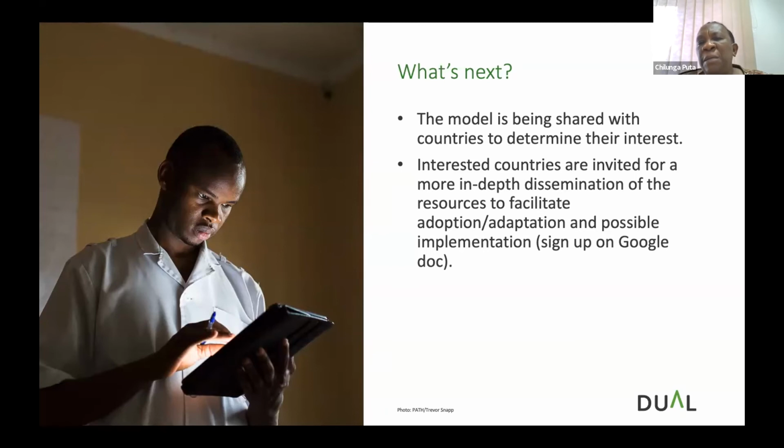Because we really want to get some countries, if they're really interested, to dive in to see whether they can actually try out the model, and we monitor how that works out, and we learn a few more lessons about it and refine it even further. You know, it's one thing to create something on paper. It's quite another to try it out.